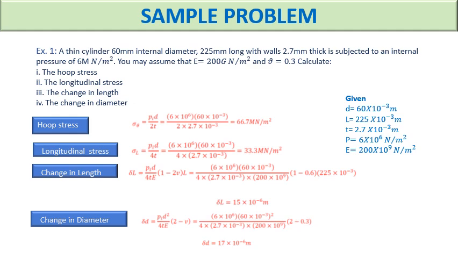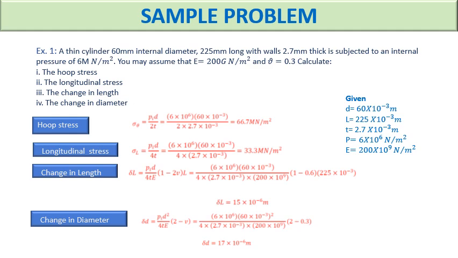The first step in solving the problem, please write down the given data, and we have to be very careful with the units also. So here I have shown everything in meters. Thin cylinder diameter, that is 60 millimeter, so that is 60 into 10 to the power minus 3 meter, and the length of the cylinder, that is 225 millimeter, that is 225 into 10 to the power minus 3 meter.